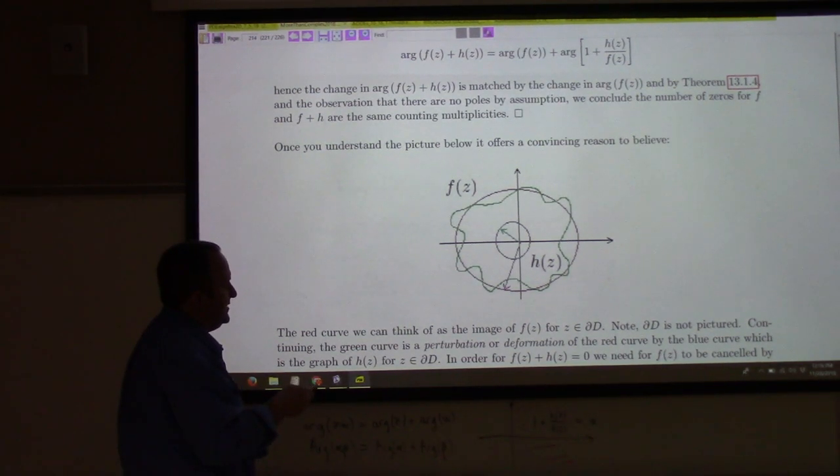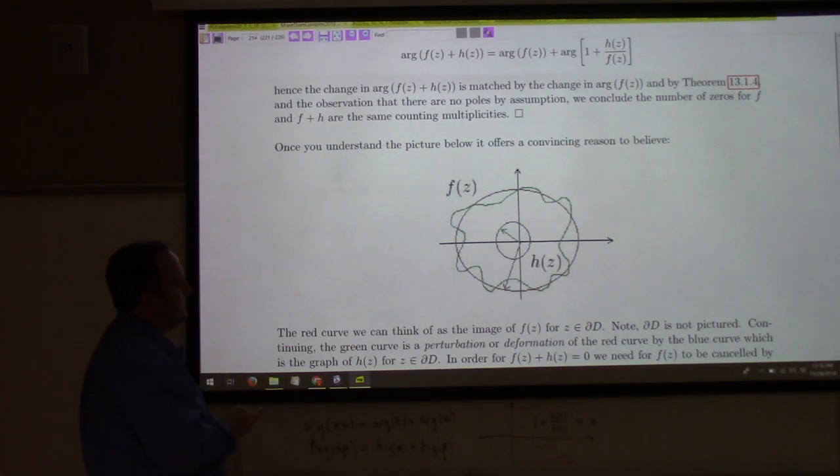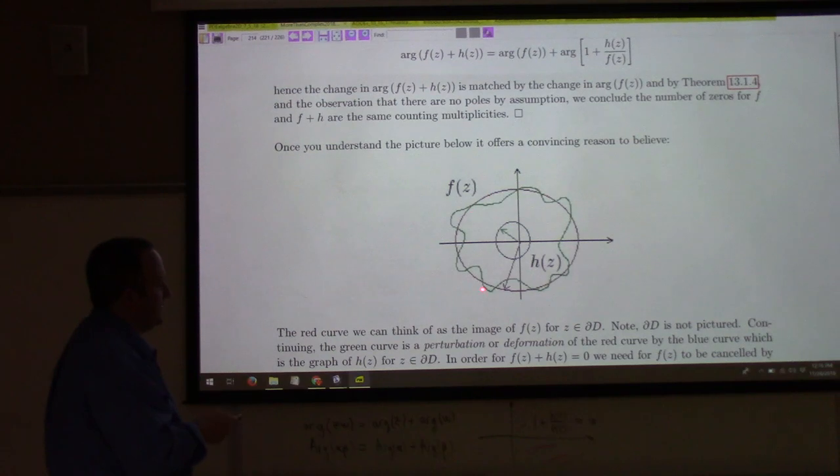Given the terms and conditions here, it's clear that you can't get very far away from f with these conditions. In this particular picture, f of z is not 0 for z taken from the boundary of D, right? And you can see why, in that situation, f plus h is also not going to be 0.